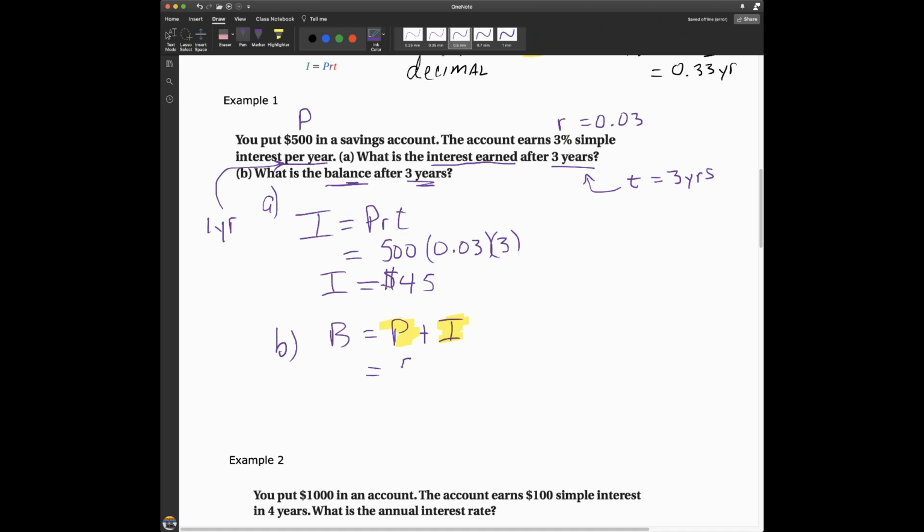So all we have to do is add those two things together, 500 plus 45, and the balance in your account will be $545. So it's pretty cool. You give the bank some money to hold on to, and they will reward you with some interest. Okay, so that's how you calculate simple interest and how you calculate the balance.